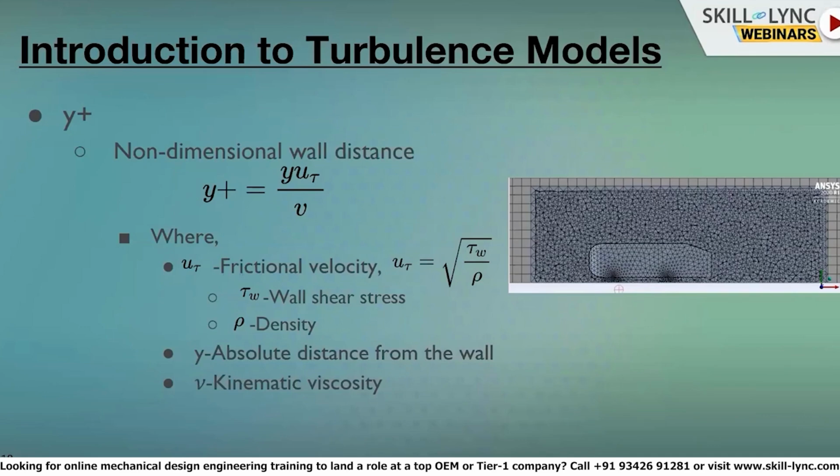After the simulation, plot y plus and cross-check that your y plus is between 30 and 300. If it is going below in some areas, where it is coming to 1 or 2, or in some areas it is going above 300, then rework the mesh in those areas, run the simulation again, and correct the y plus. So that is the significance of y plus. It gives an idea of placing the first layer height based on the turbulence model you are going to use.